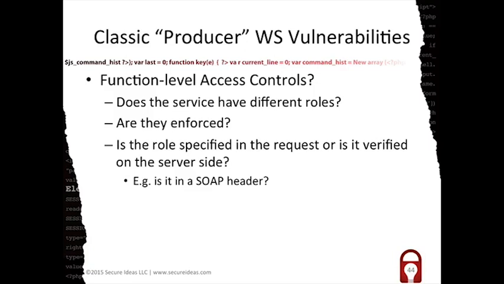It could be vertical roles where you have an administrative type of function, or it could be horizontal roles where you have a user with bank accounts, for example. You don't want one user to be able to access some other user's bank account. Just because they're authenticated doesn't mean that they're authorized to access all of the information they've requested or perform actions on that. So all of that needs to be tested.